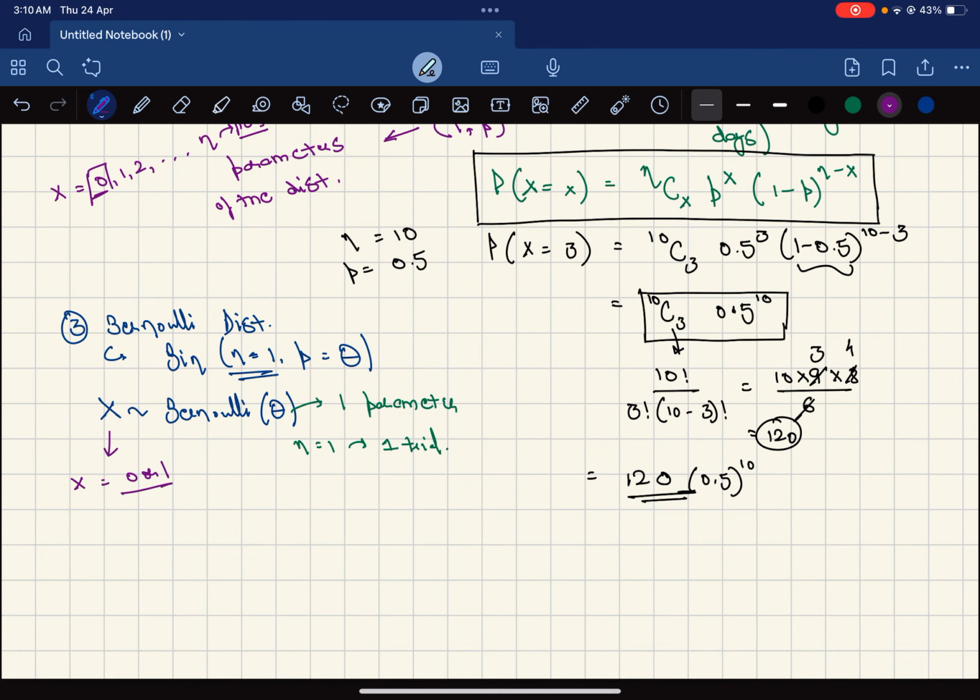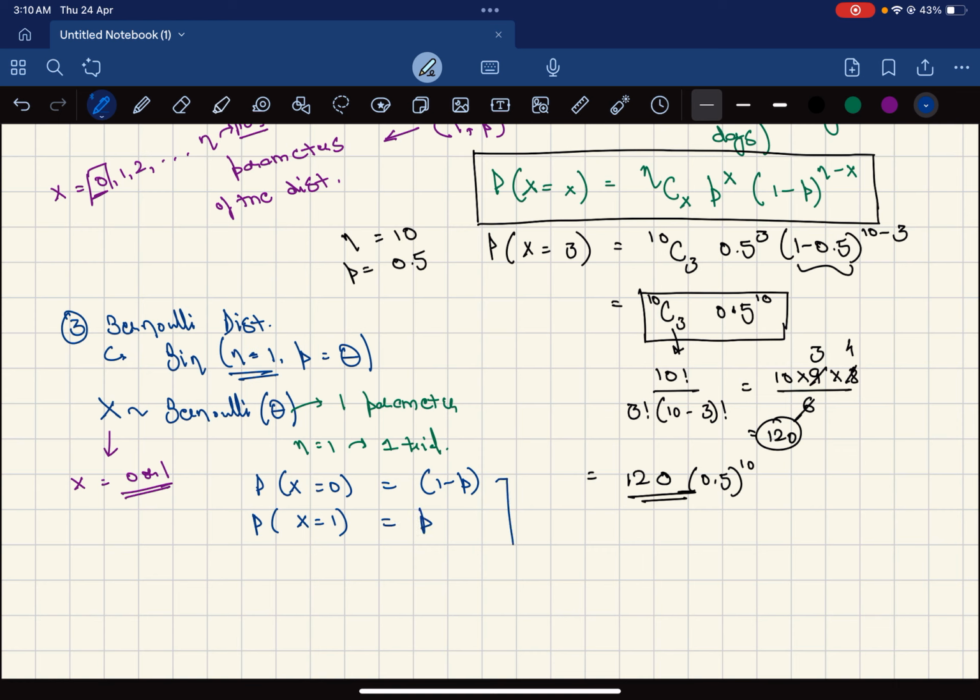And in this case, Bernoulli, since there is only one trial, the possible values of x are 0 or 1, and the probability mass function here would be given as P(X = 0) as 1 minus p since the event doesn't occur, and P(X = 1) as p.